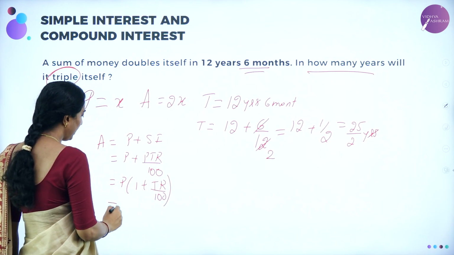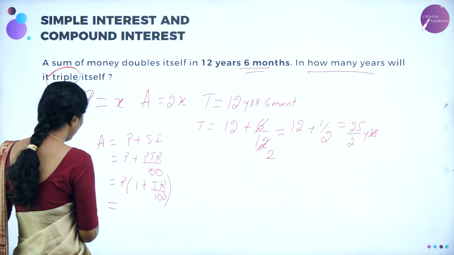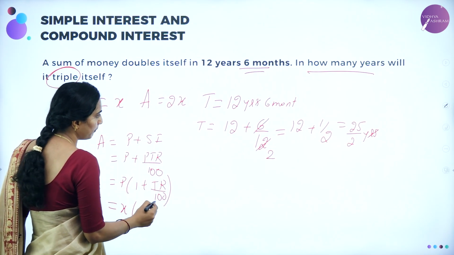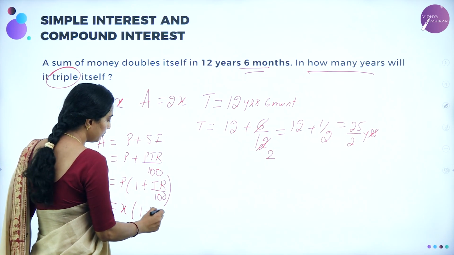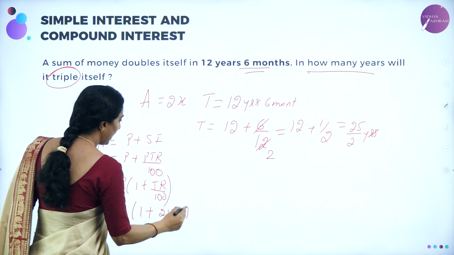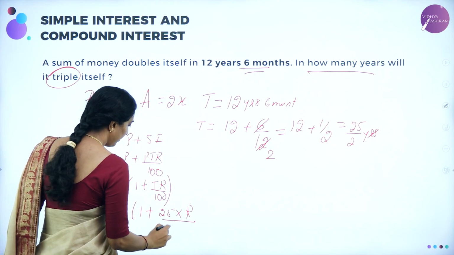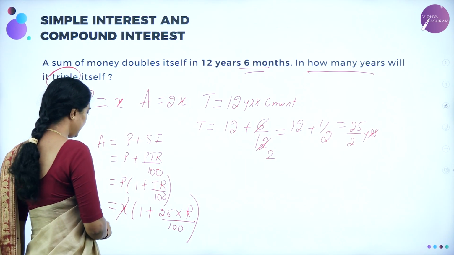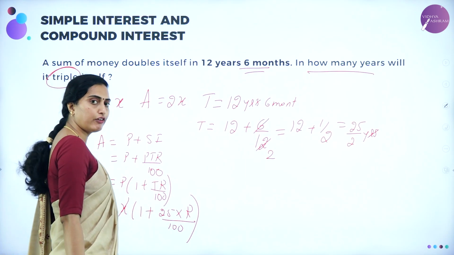So, therefore, you can calculate here A is equal to 2x and P is equal to x into 1 plus T, which is 25 divided by 2, and the 2 will come to the denominator. 25. We don't know the rate of interest, so as it is, r divided by 100. So, the answer you are going to get for this one, x and x will get cancelled. Here 25 1s are 25, 4s are 100.